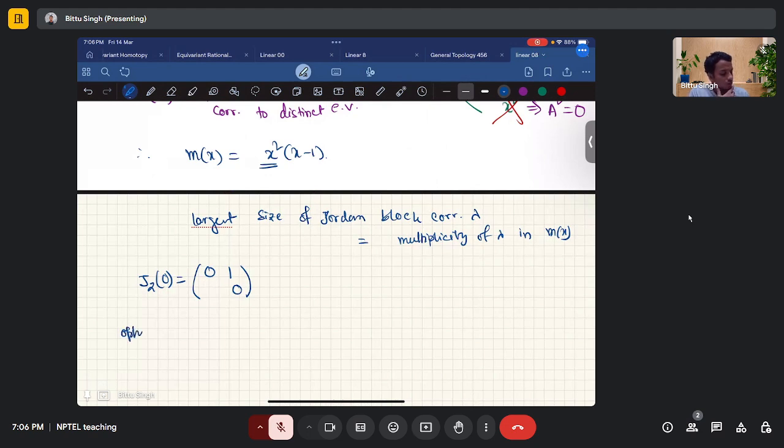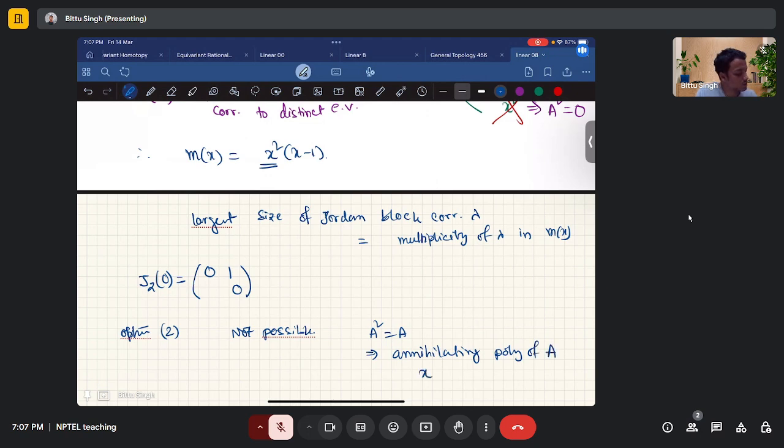So option 2 is not possible. Why is this not possible? Because A squared equal to A will imply that A satisfies an annihilating polynomial, which is x squared minus x.